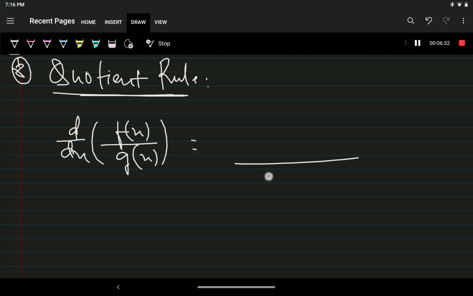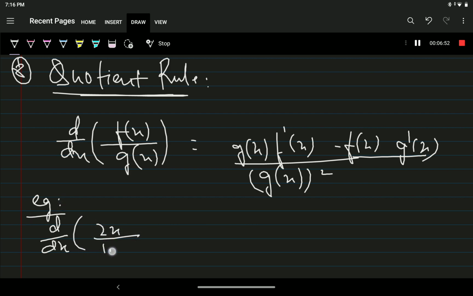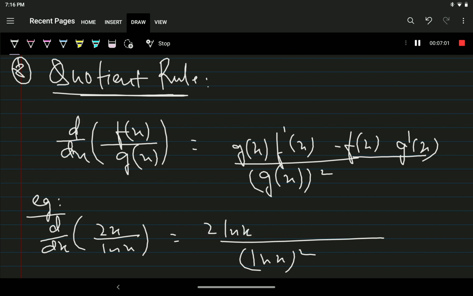It is written as g(x) whole square in the denominator, and in the numerator g(x) f dash x minus f(x) into g dash x is the formula. For example, d/dx of 2x by ln x, it will be ln x whole squared into ln x, differentiation of 2x is 2, minus 2x into 1 by x.